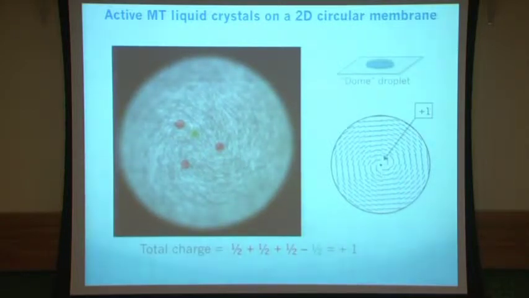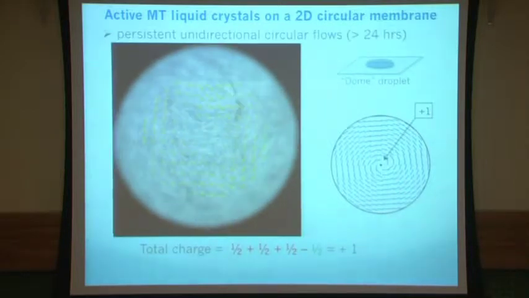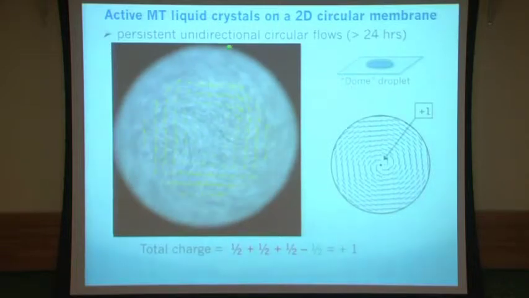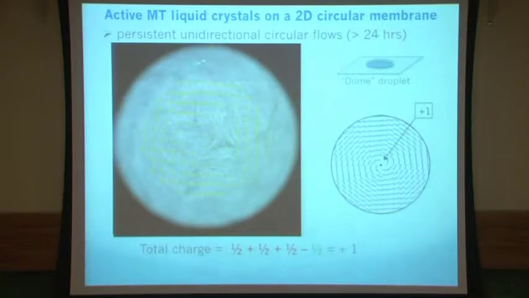And so the interesting thing is if you actually look at its dynamics, what happens to this thing is it just spontaneously circulates in one direction, okay? So unlike a flat two-dimensional nematic that is totally chaotic, here you have circular flows, and it can go in either a left-handed or right-handed direction, so it's a spontaneously broken symmetry, and this is going to circulate for multiple hours, right?